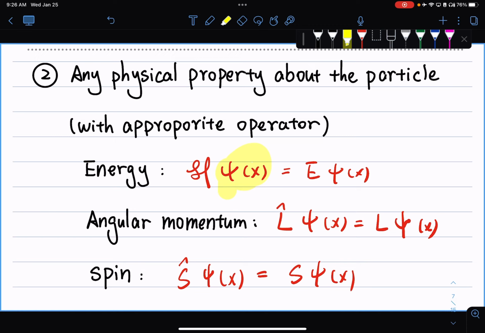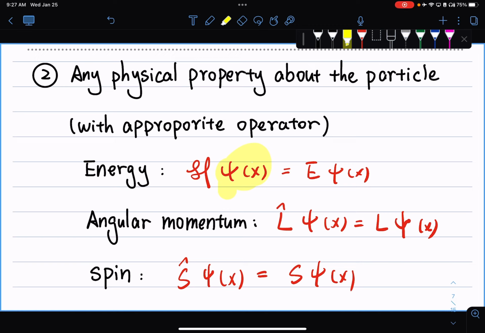All right, so that's the connection here. Solving the Schrödinger equation, you get a wave function. In order to use the wave function to get a physical property like position, momentum, speed, you're going to use the appropriate operator to extract information from the wave function.